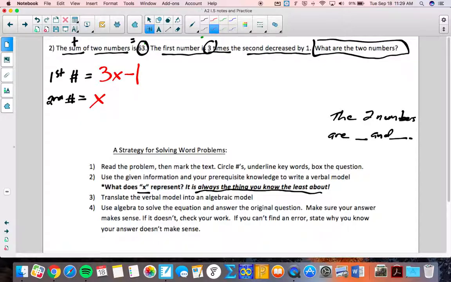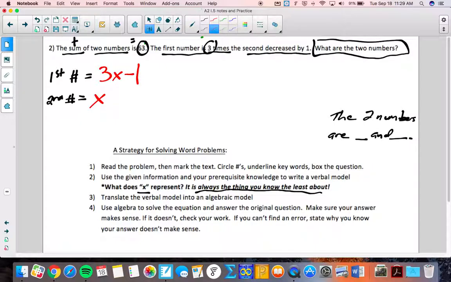If you were thinking you should put parentheses there, I'm not a huge fan of the way this sentence is written. It might be mathematically correct, but it was a little confusing. Are we decreasing the second number and then multiplying it by 3, or taking the second number minus 1 and then times it by 3, or taking 3 times the second number and then subtracting 1 off of that?